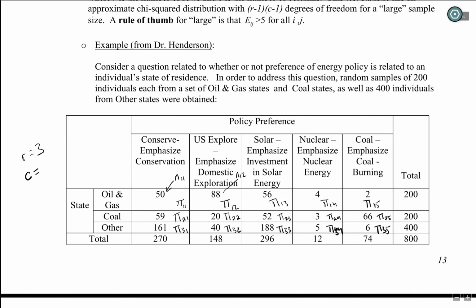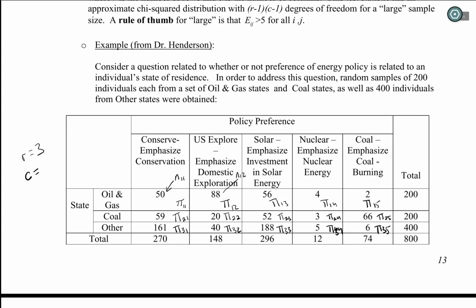Within each sample, what we're observing is a multinomial count. In other words, 50 people out of sample 1 chose conserve, 88 chose U.S. explore, and 56 chose solar, and so forth.